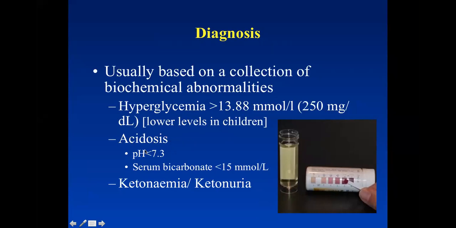If the pH is less than 7.35, we say it is acidosis, and their bicarbonate levels are also very low. Then there are methods of measuring ketone levels in blood or urine, and if they have ketone bodies in the blood or urine, then they have ketonemia or ketonuria, and they have acidosis and hyperglycemia, so we say diabetic ketoacidosis.